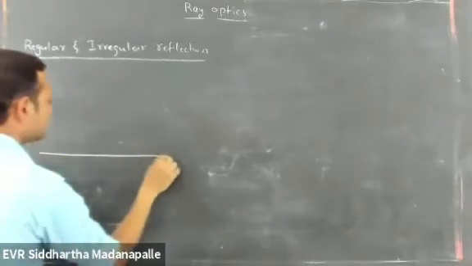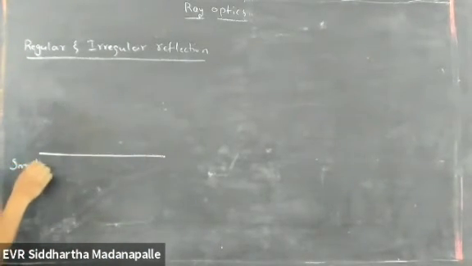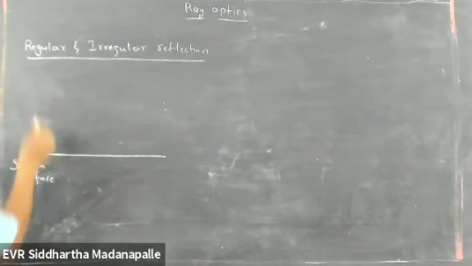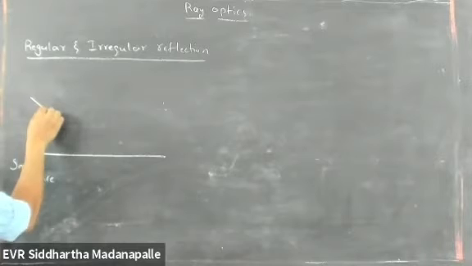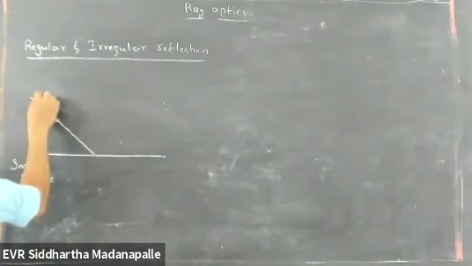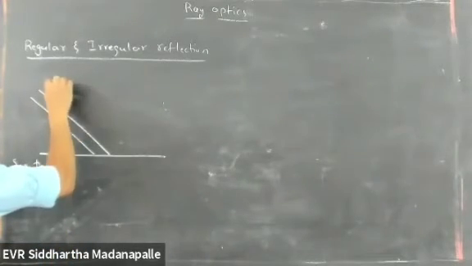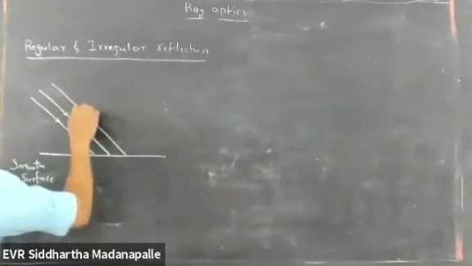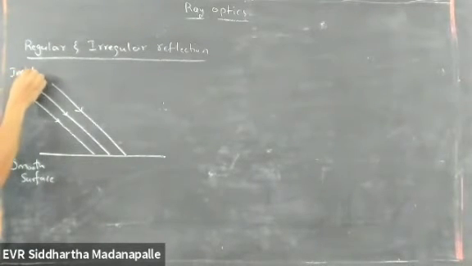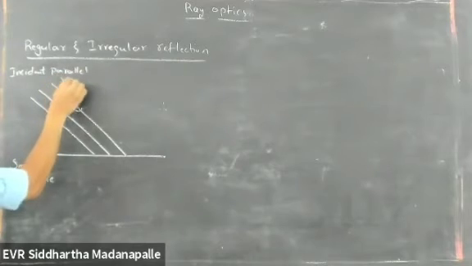Suppose let us consider this is a smooth plane surface, right? Now here I am taking a beam of parallel incident light. This is the incident parallel beam.